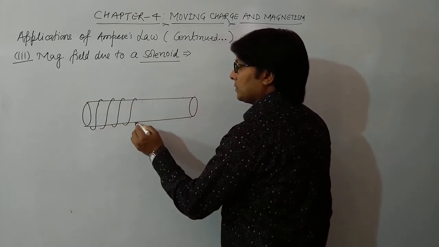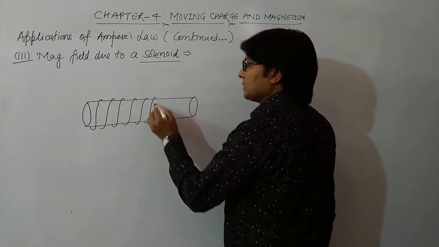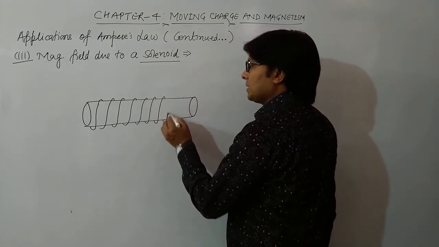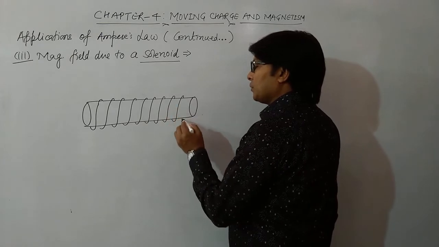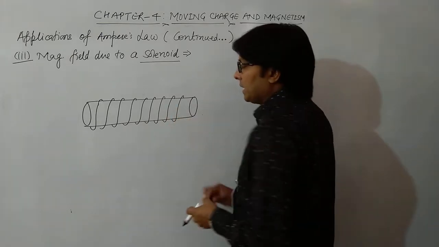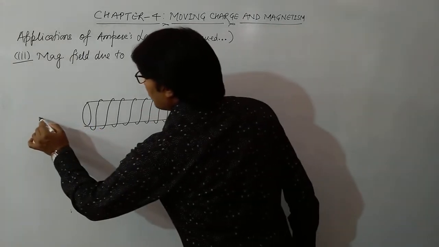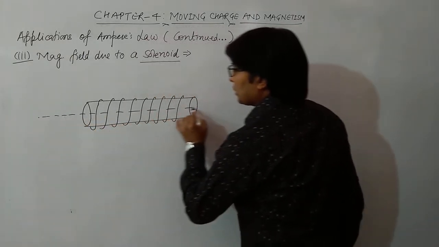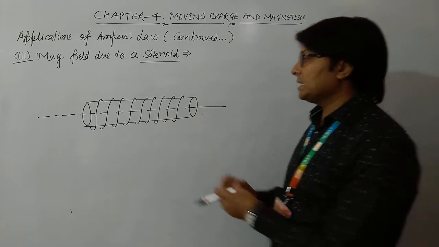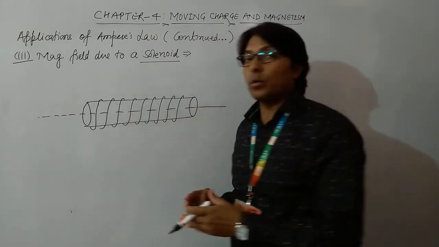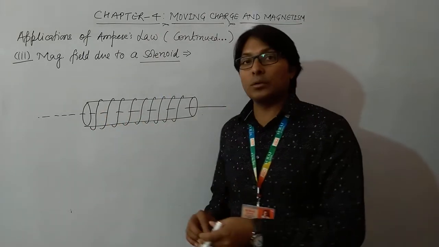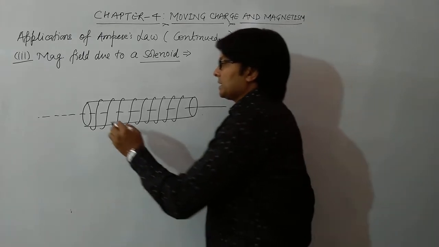These wires are insulated and made of a good conductor like copper. One more thing about the solenoid is that its length should be large as compared to its diameter.